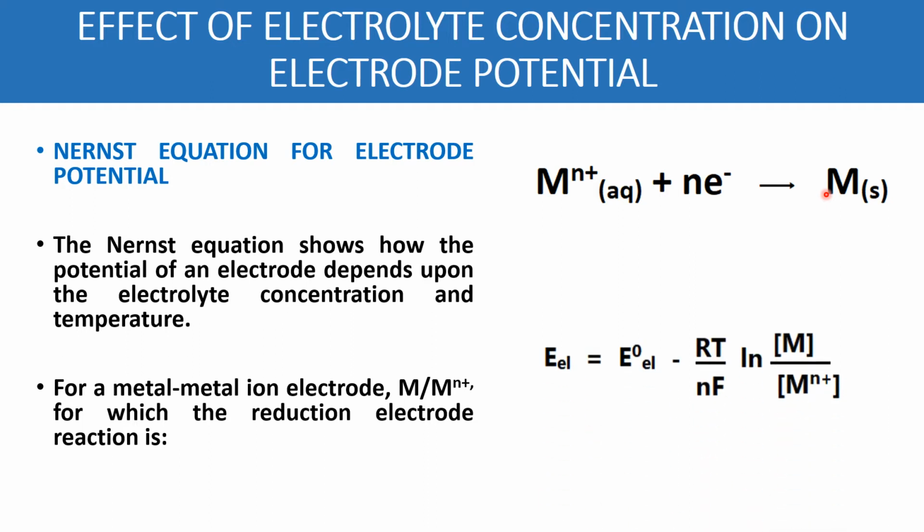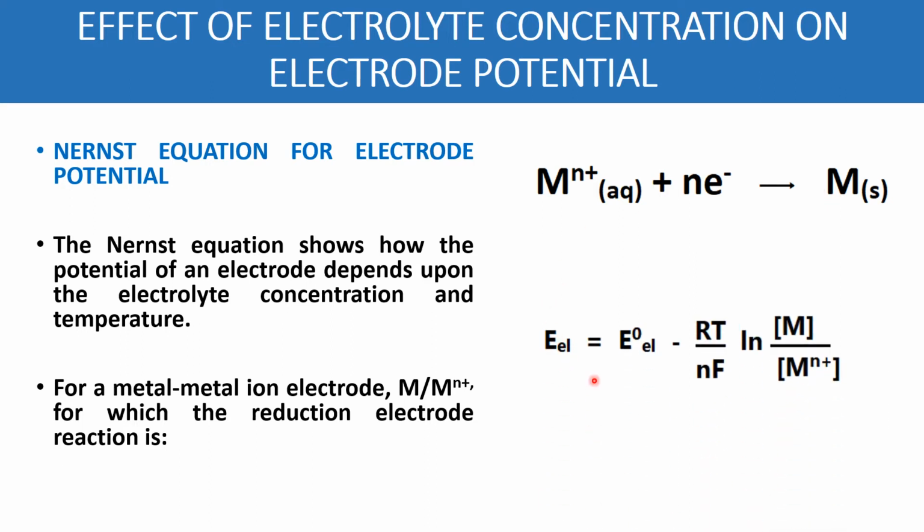So here the Nernst equation may be given as EMF of the electrode is equal to standard EMF of the electrode minus RT by nF ln concentration of solid metal divided by concentration of metal ion.